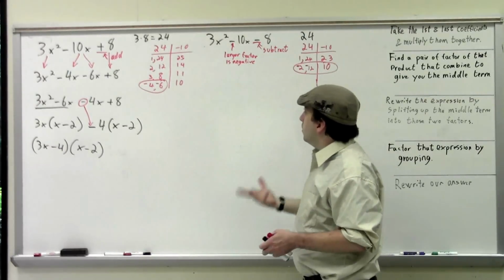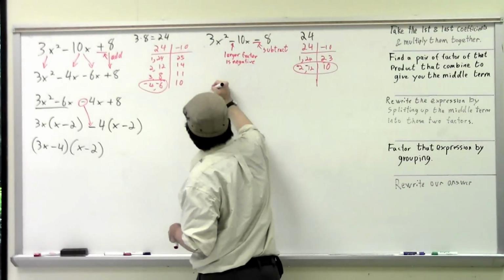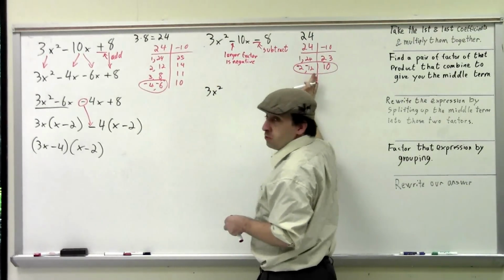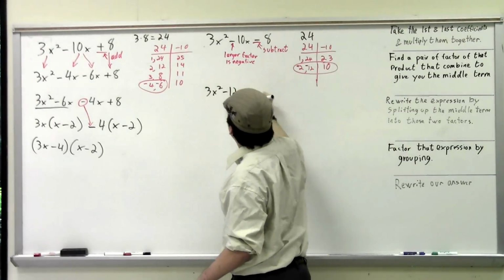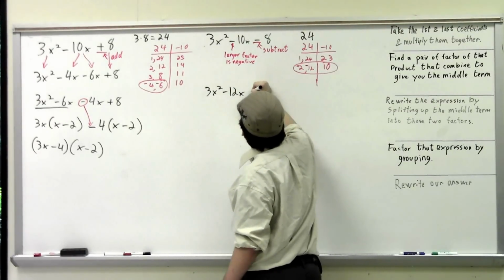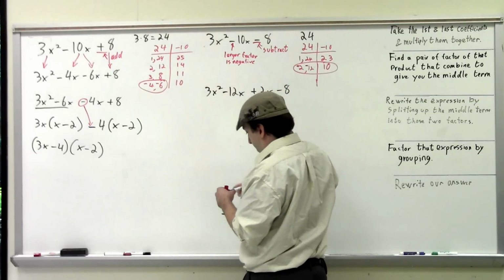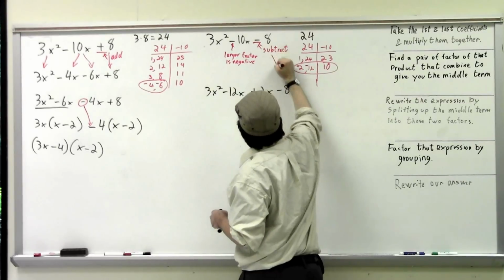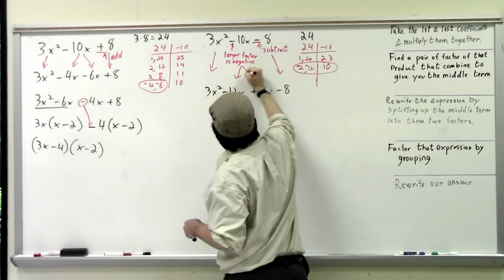Okay. So, we're going to split it up again. And again, I notice that 3 and 12 have a common factor, so I'm going to put them together. So I'm going to have 3x squared minus 12x. And then I'm going to have plus 2x minus 8. So this guy came down, this guy came down, that guy got split up.